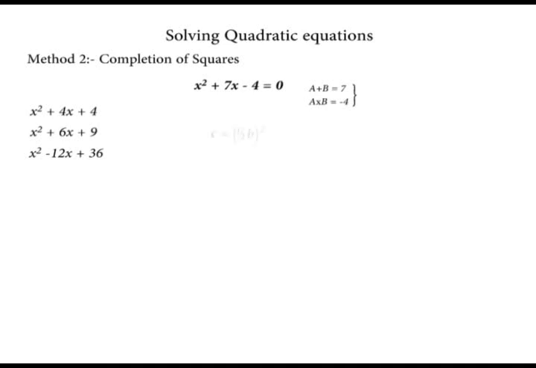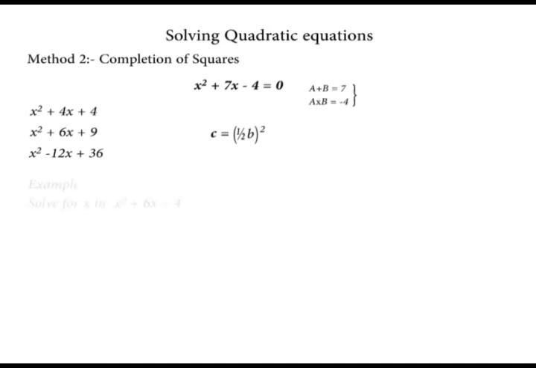That is, c is equal to (half b) squared. To solve a quadratic equation, we make it a perfect square by introducing (half b) squared on both sides. In that case, we must first make the leading coefficient 1.